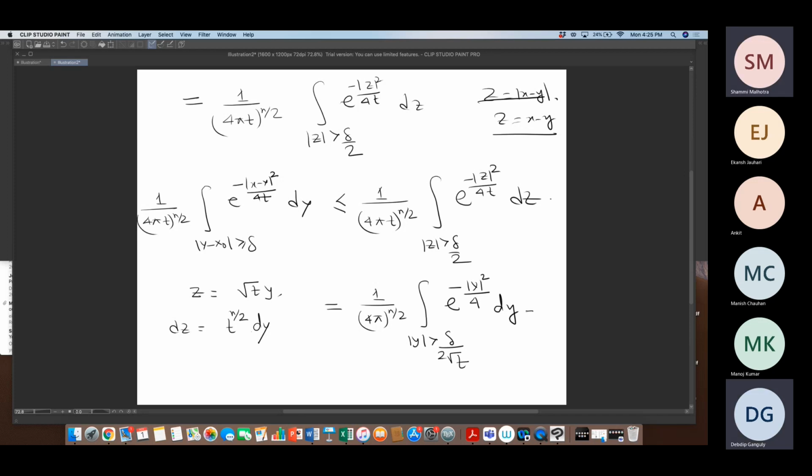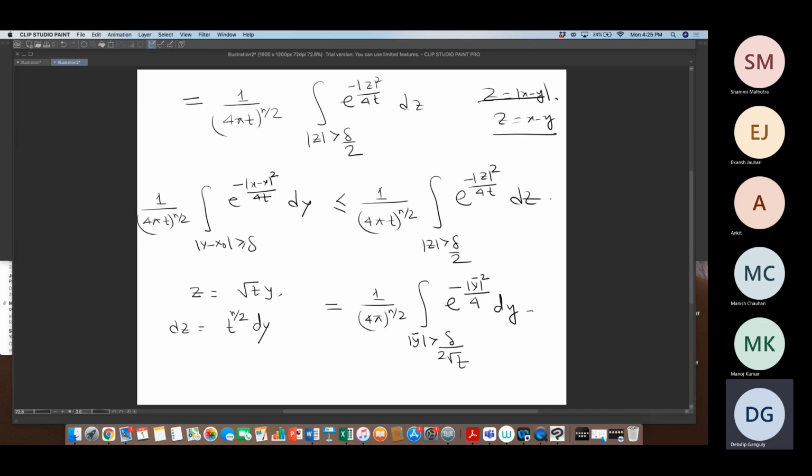And initially we take z equal to y minus x. In the first substitution, z equal to x minus y. You name a different name, y bar.